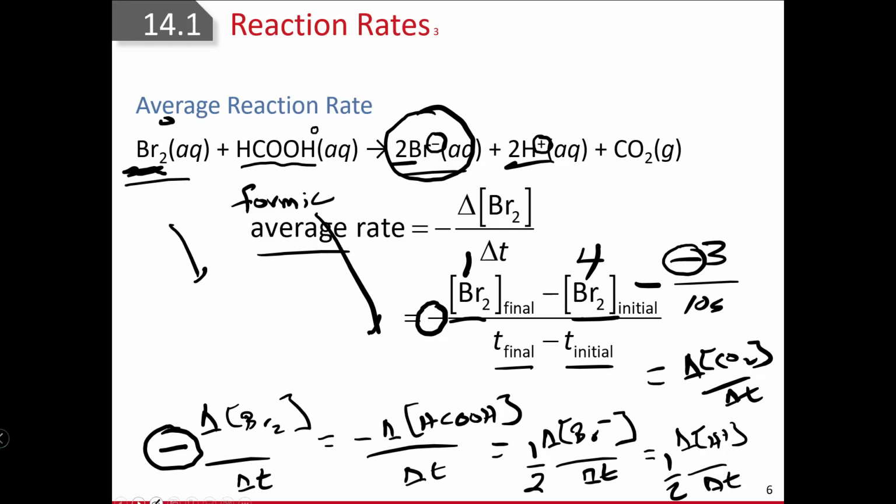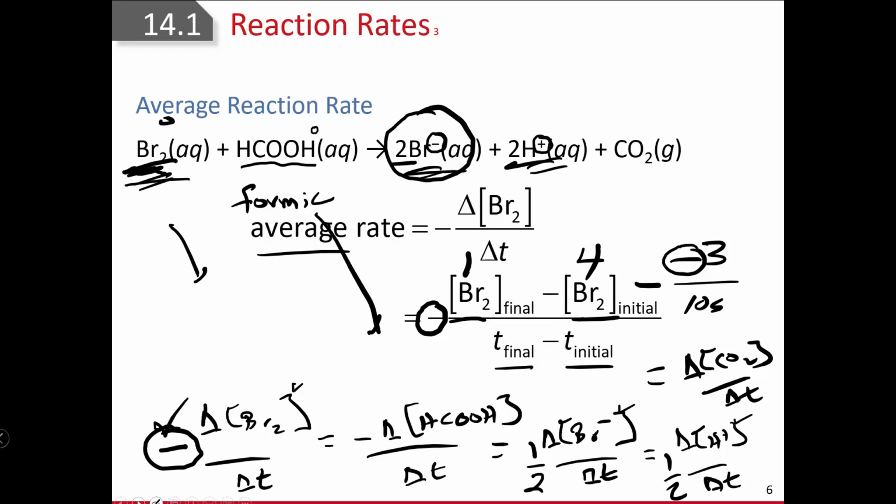Reactants are going to decrease over time. You would get a negative rate, but the overall rate must always be positive, so we have to put a correction factor in for this. And then again, for every bromine that's consumed, 2 bromides are formed, 2 hydrogen ions are formed. So these rates are twice as fast with respect to each other, with respect to the bromine, let's say that.